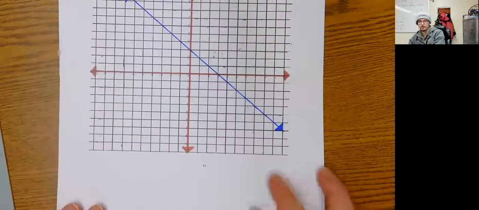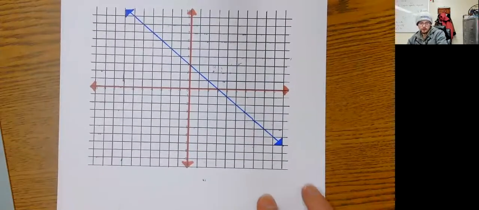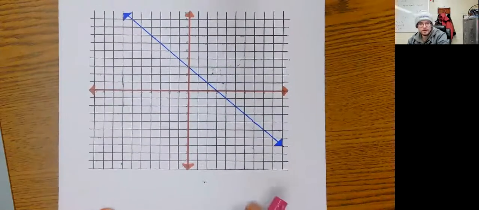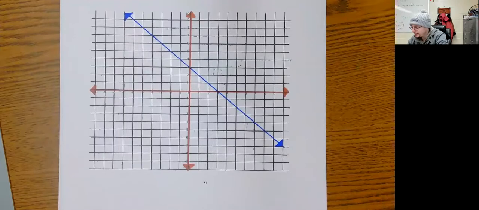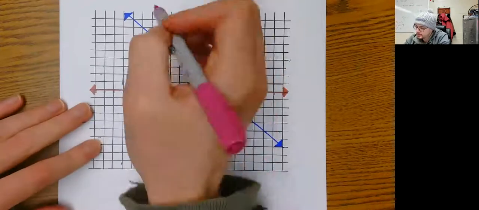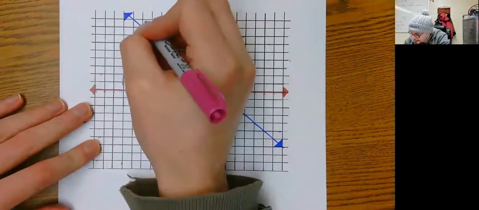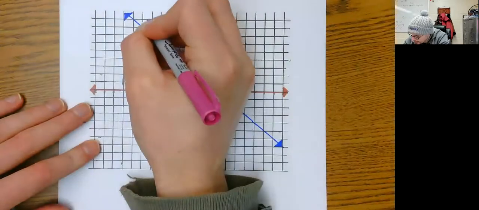All right, do some more examples. So here is a negative slope example. So again, I envision a guy that is having to walk up or down.